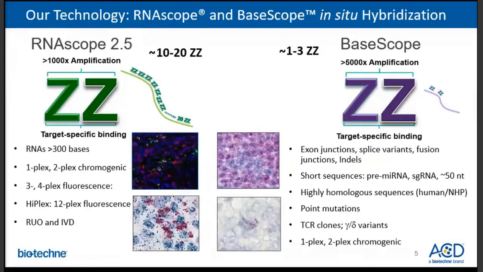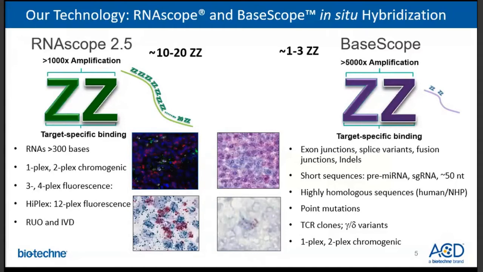We also can target short sequences such as pre-microRNAs and short guide RNAs, and also highly homologous RNA sequences, and also point mutations, TCR clones, and this comes in either a singleplex or a duplex chromogenic assay format if you're interested in that. So both assays are used in our kits, but RNAscope is for longer targets and BaseScope is for shorter targets.